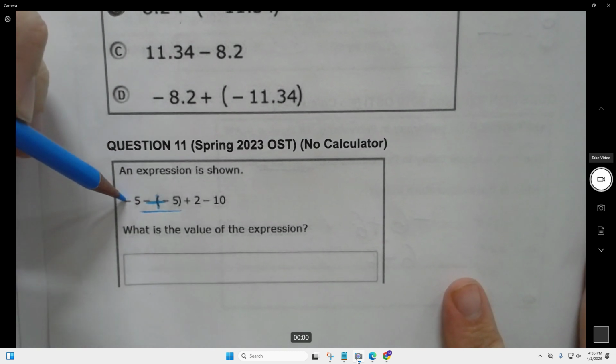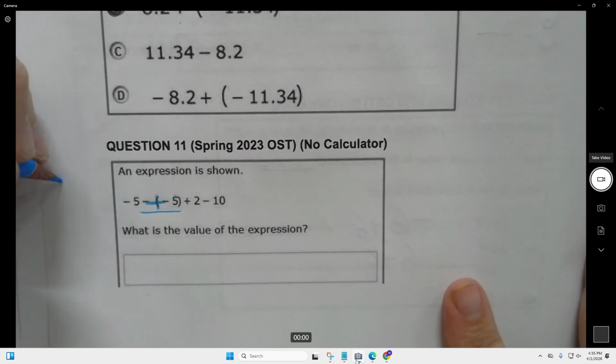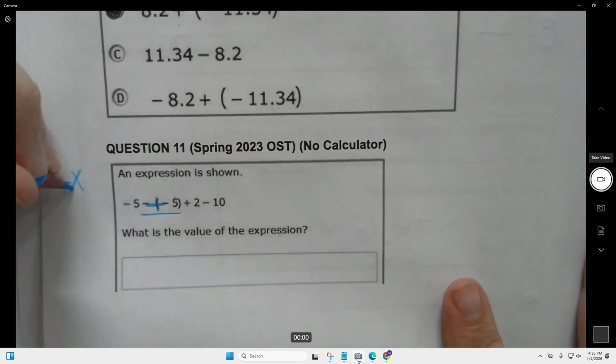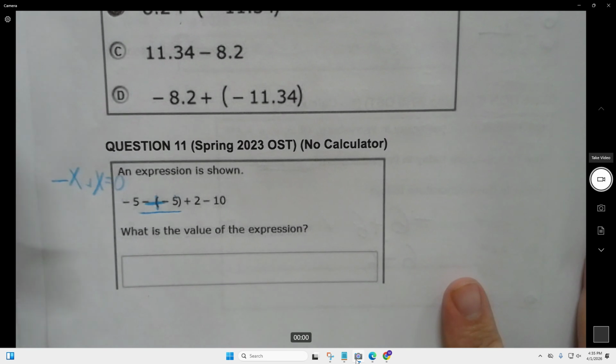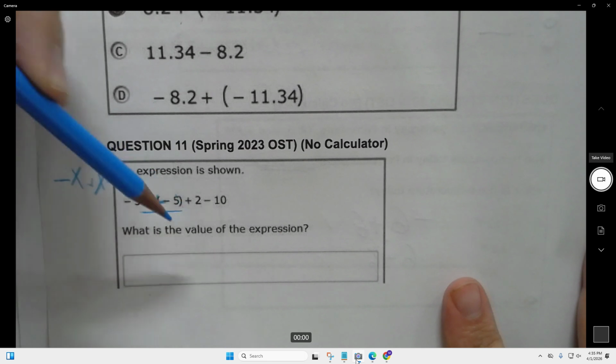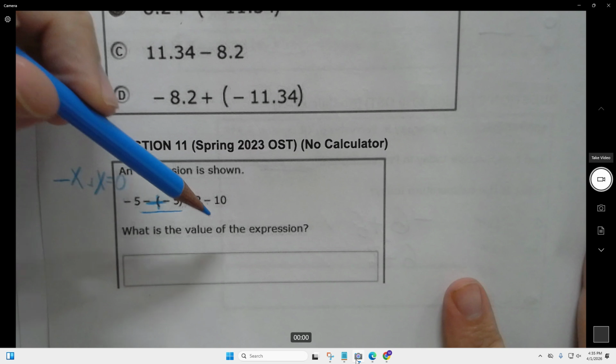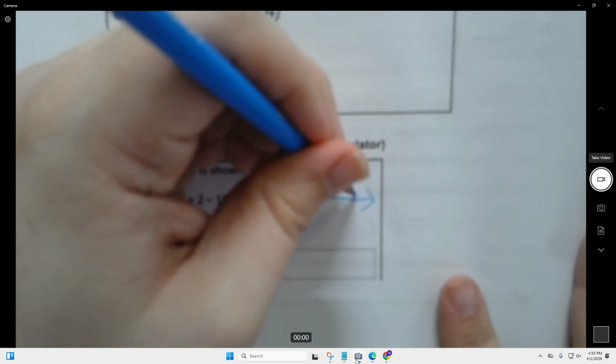So with that being said, let's just read from left to right. Negative 5 plus 5. Anytime you have negative of a number plus the positive of that number, it just makes 0. So negative 5 plus 5 is 0. 0 plus 2 is 2. And 2 minus 10. Well, let's draw a number line, if you don't remember 2 minus 10.